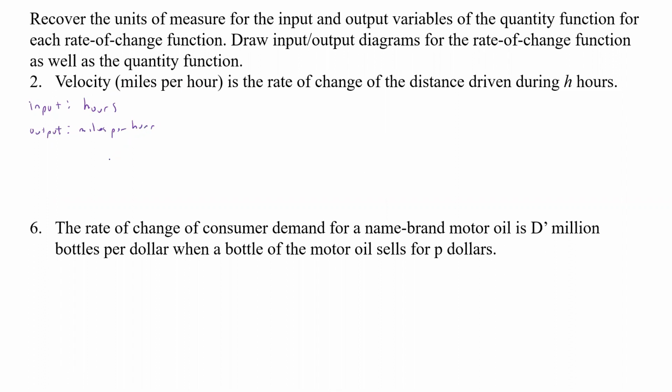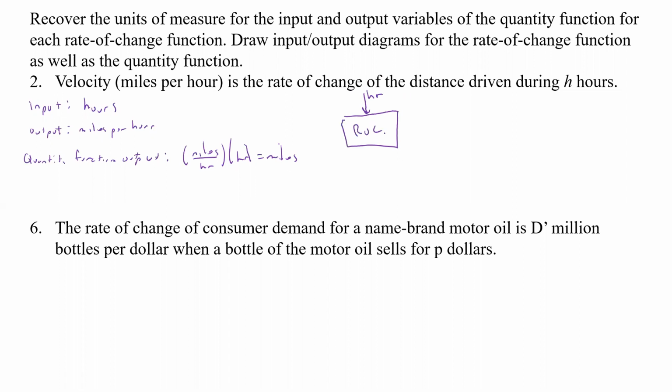Okay. Now, if we think about this, our quantity function output is going to be what? Well, it's going to be miles per hour times hours, and that's going to be miles. Okay. So what we have here is for rate of change, we're plugging in hours.